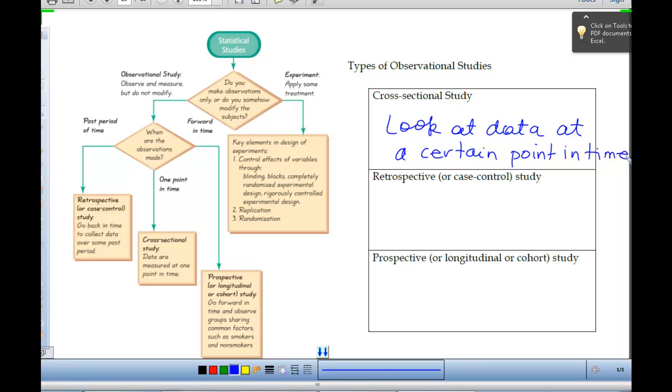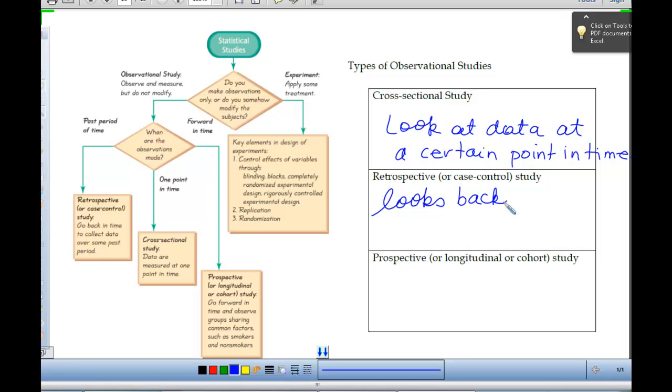Okay, with the retrospective study, we're looking back in time to collect our data. Okay, we go back over some period of time. Okay, looks back. Again, some of the things about the observational study is that this is the only way we can collect data where it might be unethical for us to conduct an experiment.